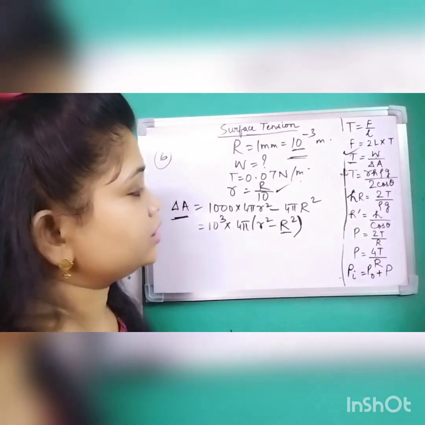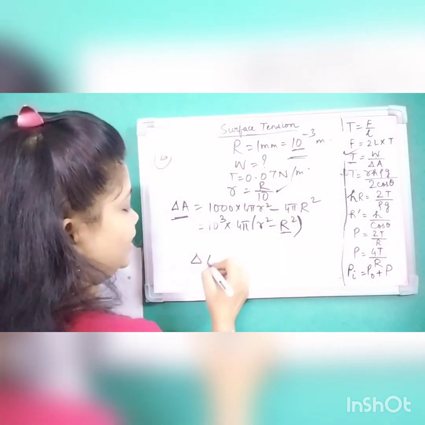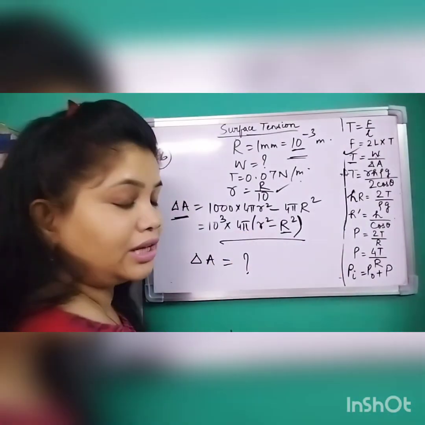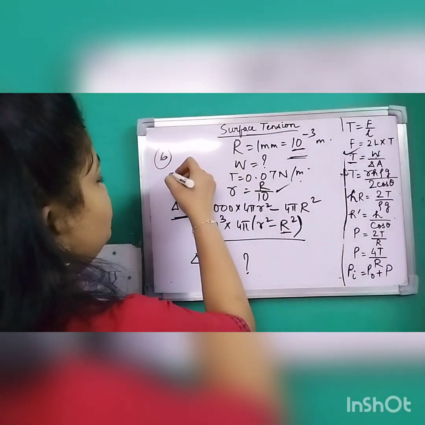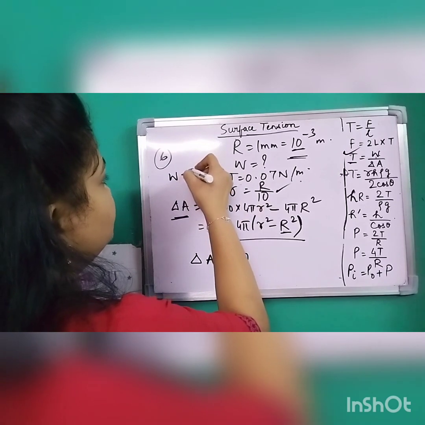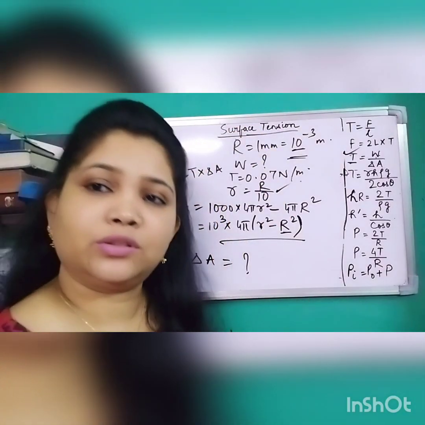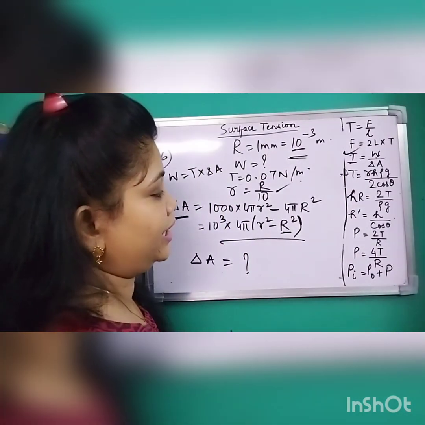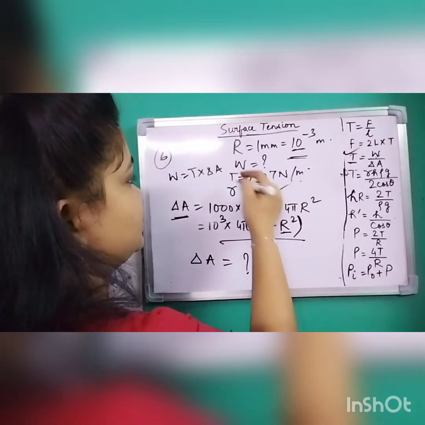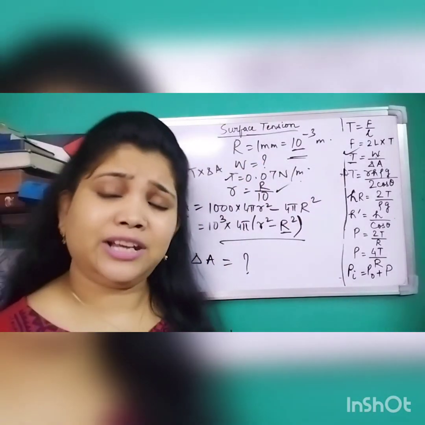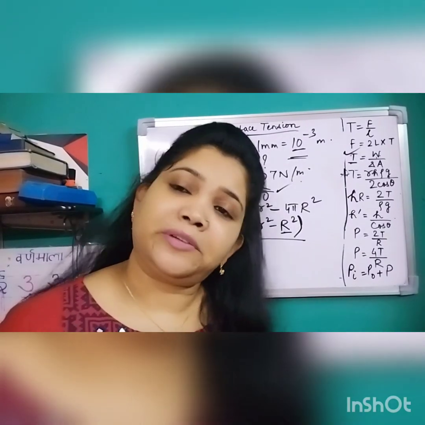Just put it, solve it, and you'll get delta A. After solving this portion, you have to find out W. So W is equal to T into delta A. After finding delta A, you put the value over here, surface tension is already given, and you will get the value of W.